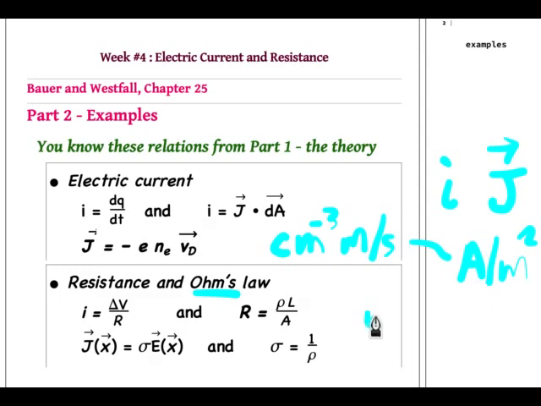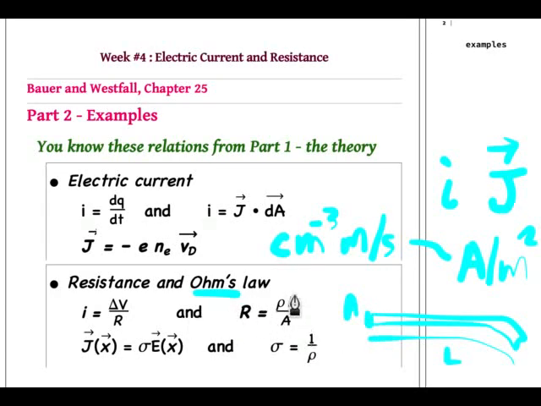So if you have a long wire with a cross-sectional area A and a length L, the longer the wire, the more resistance. But the larger the cross-sectional area, the less resistance.